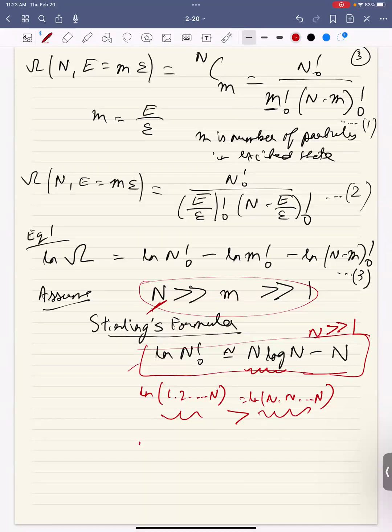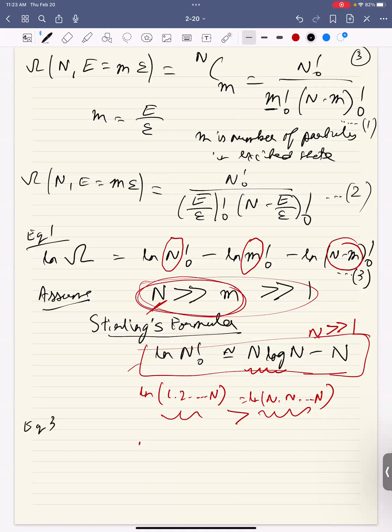So in this case, n is much larger than 1. We assume that to be the case. We also assume that m is much larger than 1. And furthermore, we assume that n is much larger than m, right? Therefore, n minus m is also much larger than 1. So we can apply Stirling formula for all 3 things separately. So let's do that.